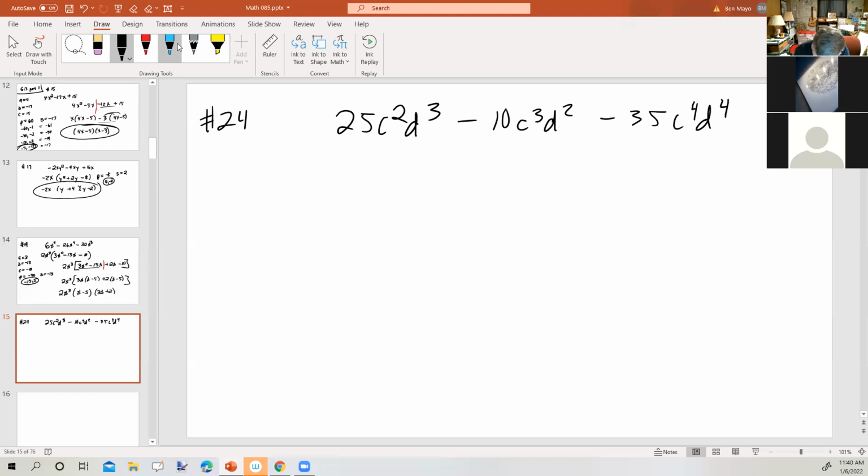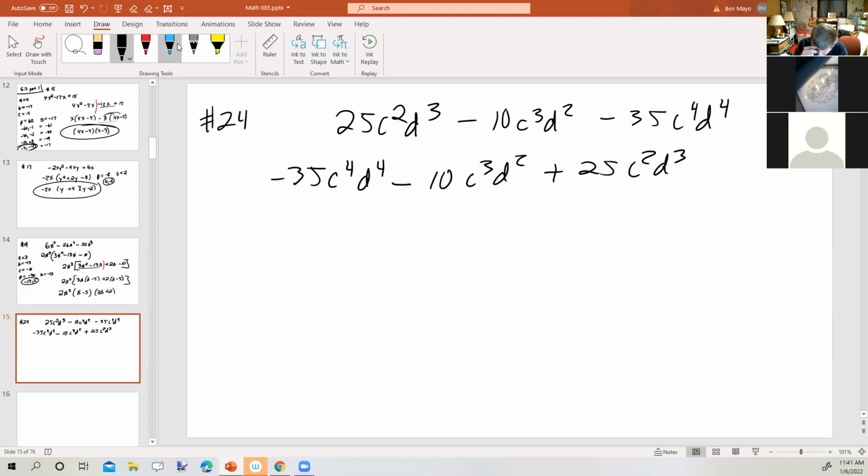If I put it in standard form in terms of C, I've got -35 c to the 4th d to the 4th minus 10c cubed d squared plus 25c squared d cubed. The reason it's now in standard form in terms of c is because it's got c to the fourth, c to the third, c to the second.